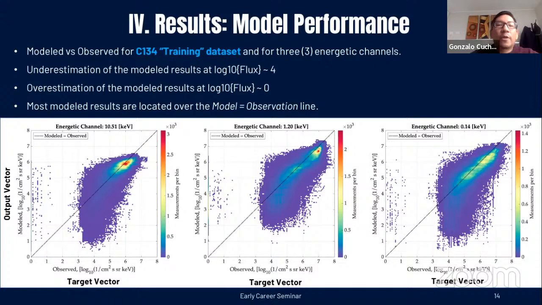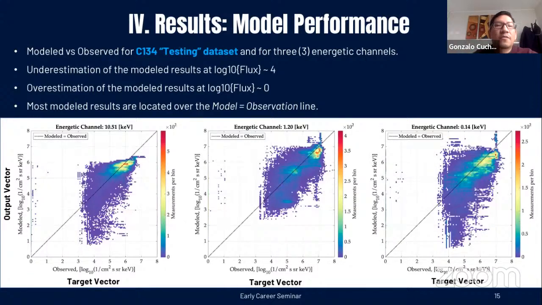All these plots were done with the training data set. The training data set was used in the training process, so the model knows this data. As you can see, it's not that perfect. This case is for the testing data set. This data set never passed through the training process, and everything here is just prediction. It was never used in the training process of the neural network.